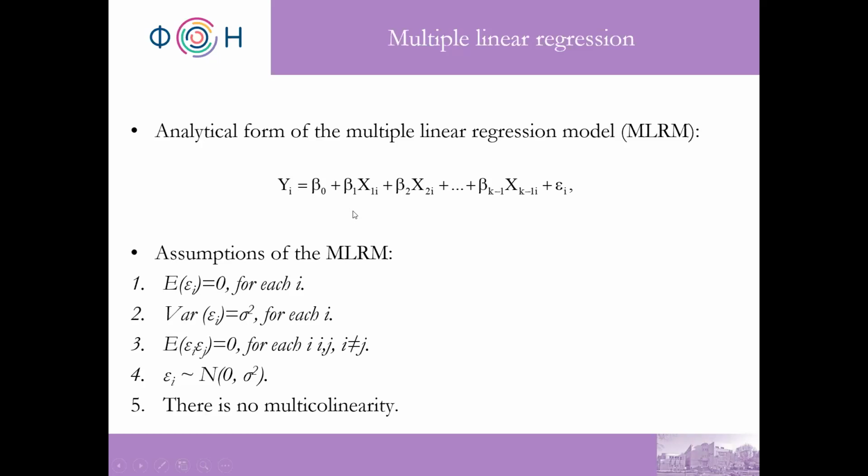So the parameters which we are usually more interested in are the parameters standing next to our independent variables. So beta 1, beta 2, and all the way down. Why are these coefficients interesting and important for us?